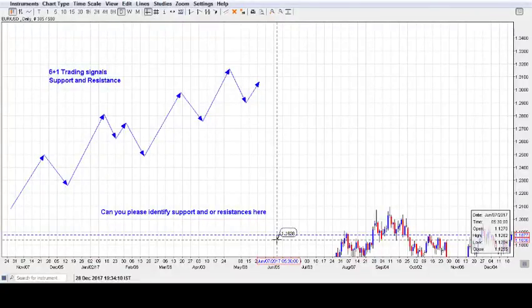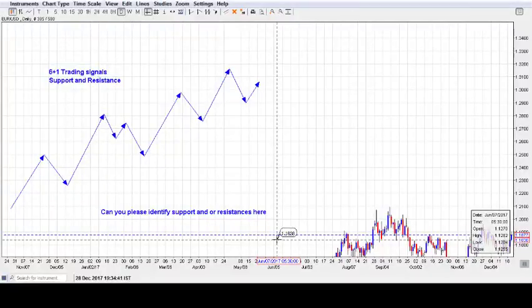If you could identify support and or resistances over here. As I said, these topics are going to seem very simple, and sometimes it would be stupid of me to ask some questions, but kindly bear with me for a few hours before we put them all together. Two more sessions to go, and I think we'll be on track to the analysis part.